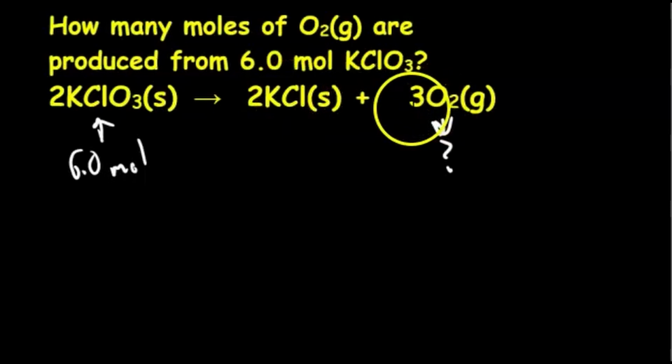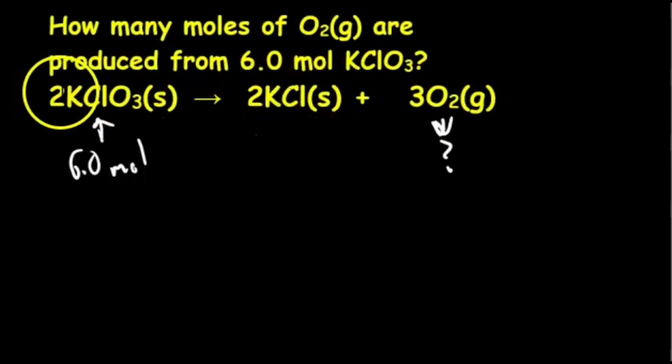That may sound complicated, but all it means is if you have 2 molecules of KClO3, you can make 3 molecules of oxygen.